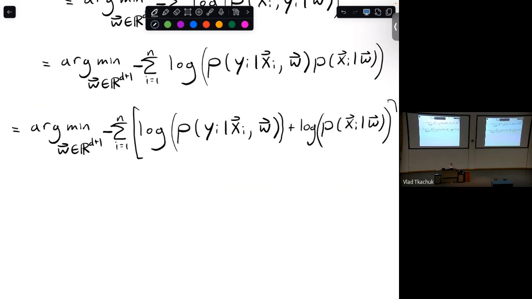And the observation here is that, once again, if you're minimizing over a parameter and you add a constant, it doesn't change the minimum. This p, the marginal of xi, has nothing to do with w. We didn't make any assumptions about it, it's just some PDF of x.